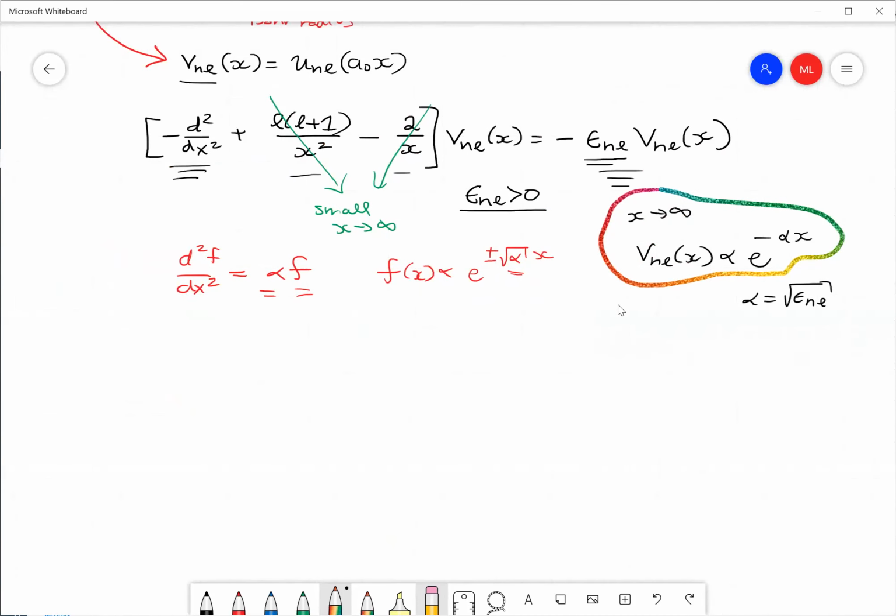And so that leads us to positing a solution for v_L of x. What's it going to be? Well, it's going to have an exponential part, e to the minus alpha x. And it's going to have another function of x. Sorry, I'll get rid of this other thing, it's a little bit confusing. It's going to have some function of x.